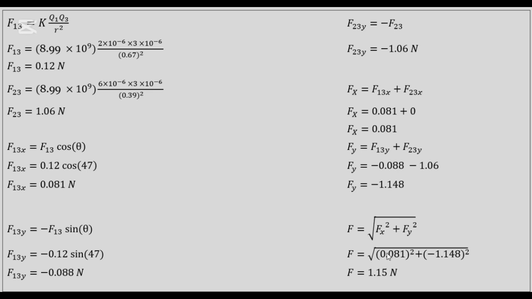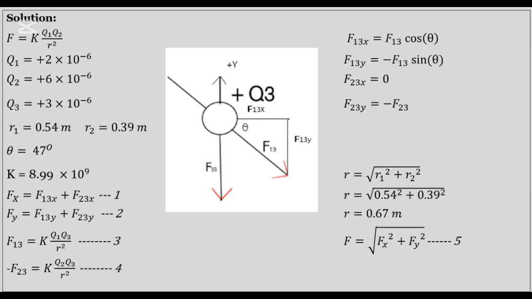Computing for this value, we get F equal to 1.159. So this is the resultant force, or the total force, that charge 1 and charge 2 exert on charge 3, which is about 1.15 newtons. So this is the solution we go by to get our resultant force.